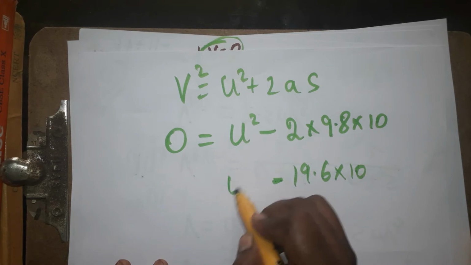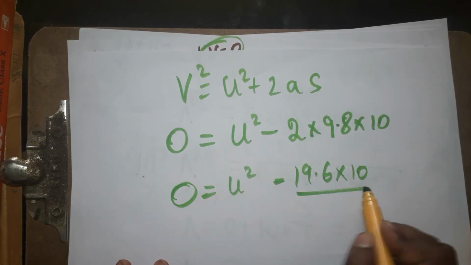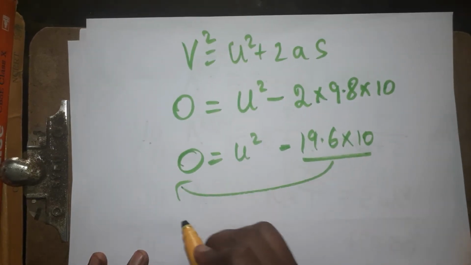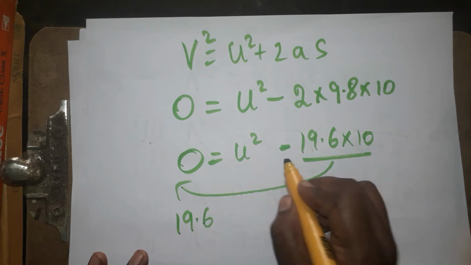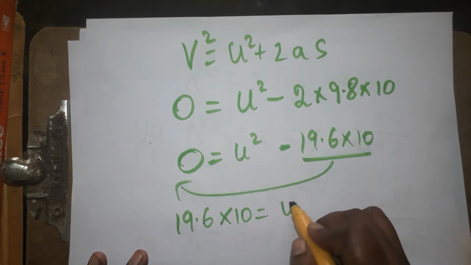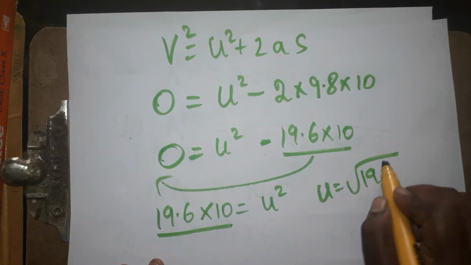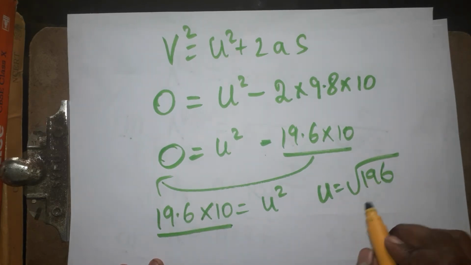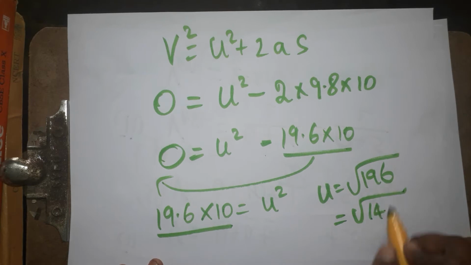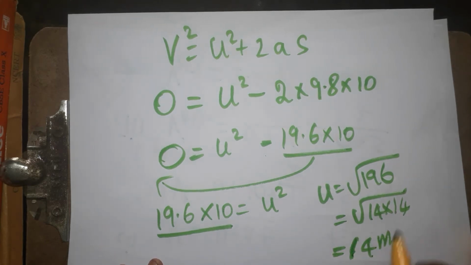Minus 19.6 into 10 equal to u square, so 0 minus 2as. Bringing it to the other side, minus becomes plus, 19.6 into 10 is equal to u square. So u is equal to root of 196. 14 into 14 gives 196. So the answer is 14 meter per second.